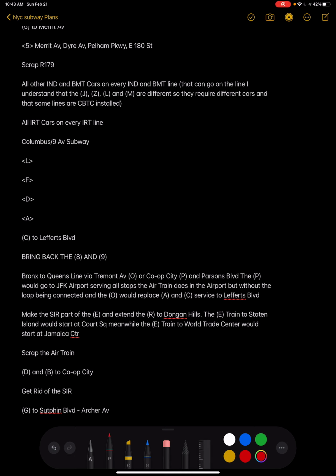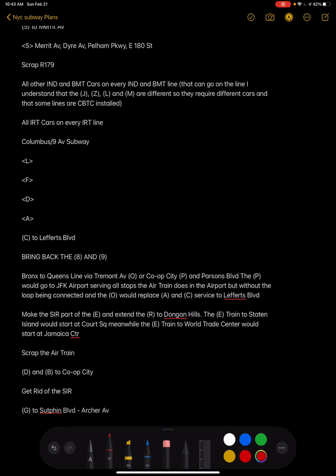Scrap the AirTrain because it's pointless after I extended the, I think, P train to JFK Airport. Then the D and the B, now that the P train goes to Co-op City, and so does the 6, if you remember my last video on this, they have to go there too.